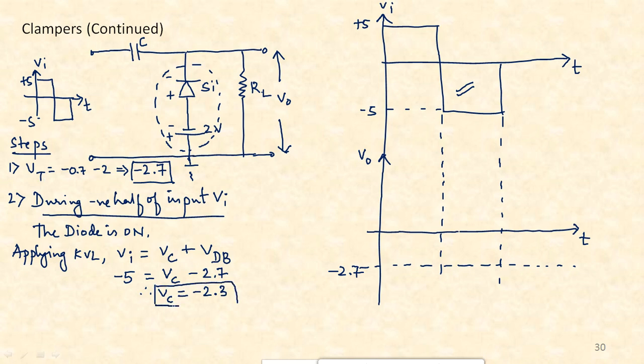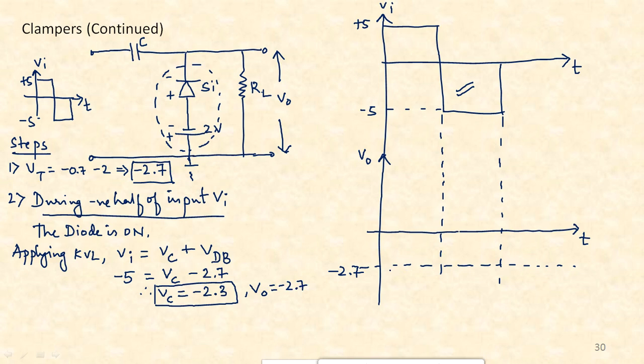It is very important for us to determine the voltage across the capacitor whenever the diode conducts, because that itself determines the voltage level at the output side. So Vc is minus 2.3. What about V naught? V naught is nothing but the transition voltage itself, which is minus 2.7 volts.